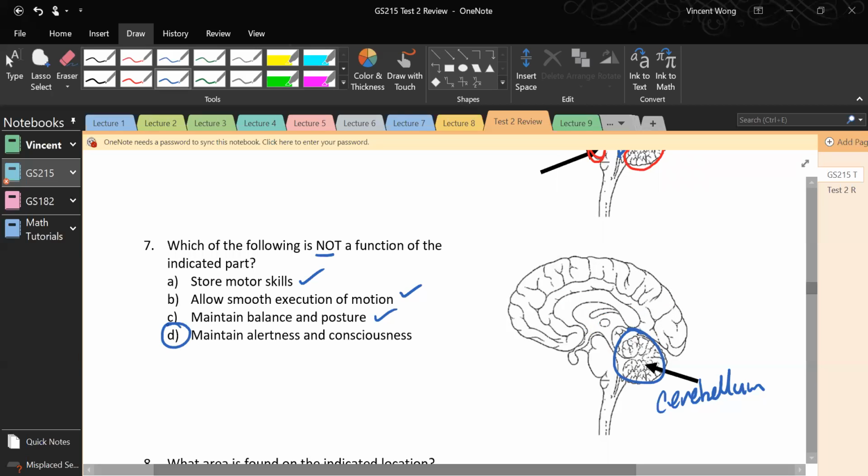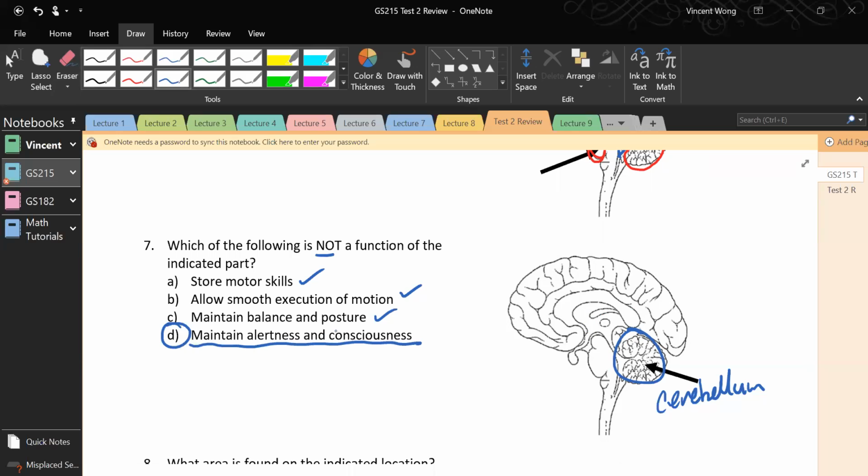Help me out here, please. What is responsible for doing that? It's not the cerebellum, but what structure is responsible for maintaining alertness and consciousness? I hope you're alert right now. What structure is responsible for that? It's a very long name. It has two parts. Anybody remember it?